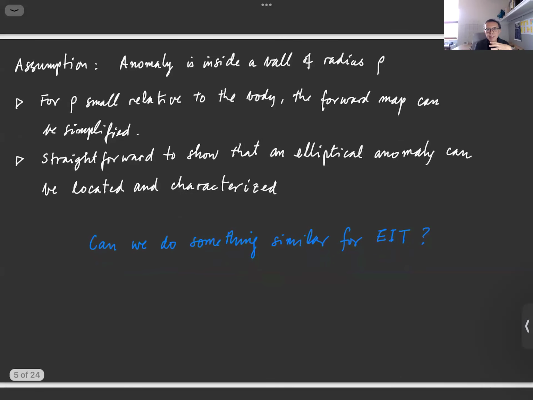For rho relatively small relative to the size of the body, the forward map between the shape and the measurement can be simplified, and it is straightforward to show that an elliptical anomaly can be located and characterized. Motivated by this, we were asking if we can do something similar for electrical impedance.